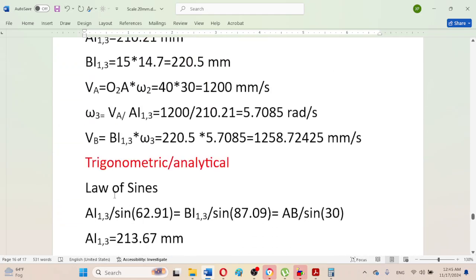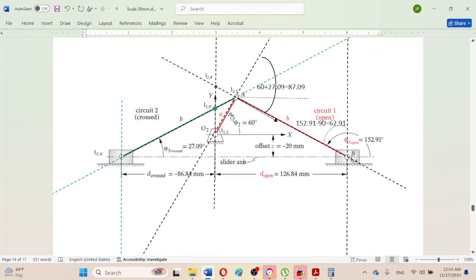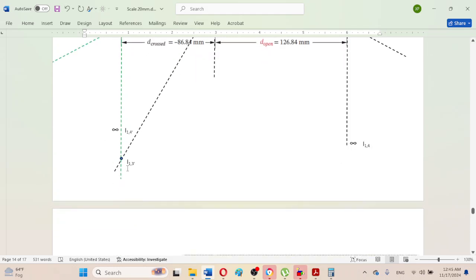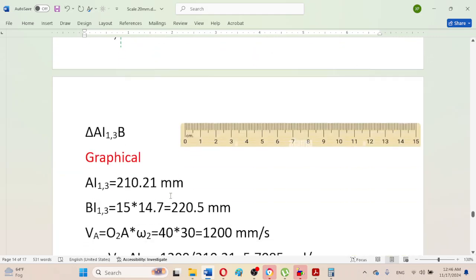So we will be solving this triangle. For this case, this triangle A, I1,3 dash, and this is the B dash position, because this is the second position of the slider and here it is written B, so that means this is the B dash position.